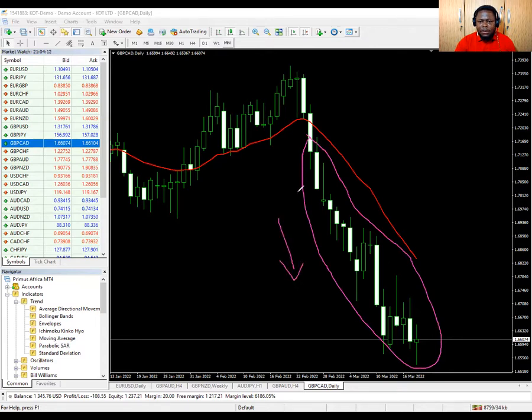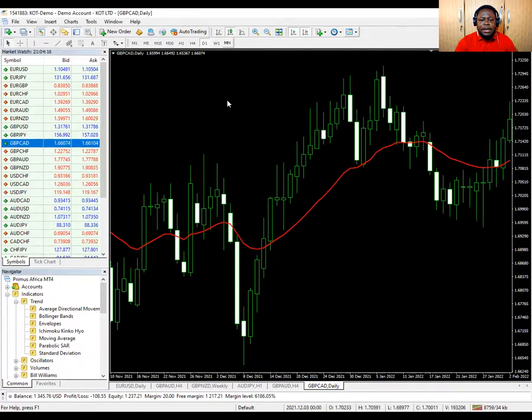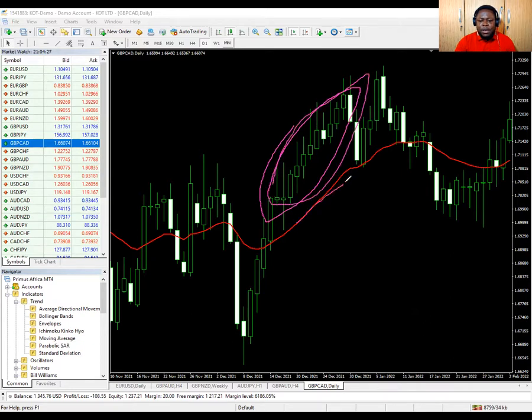It means the trend is a sell. Now, when you go back a bit, you will see at this point that the candles were above the moving average. The moving average is below, and the candles are above. This is what? An uptrend, or a buy trend.